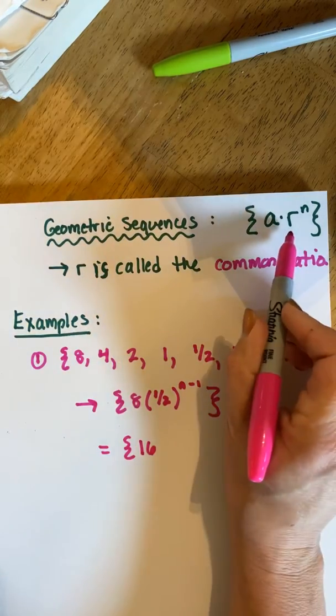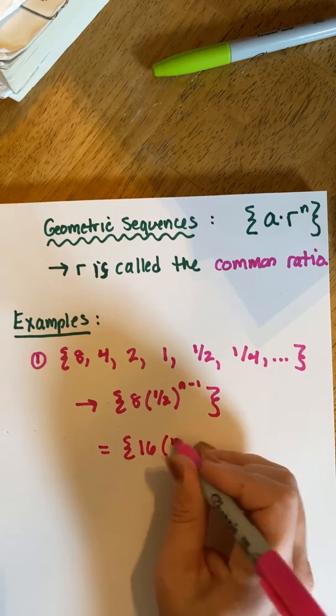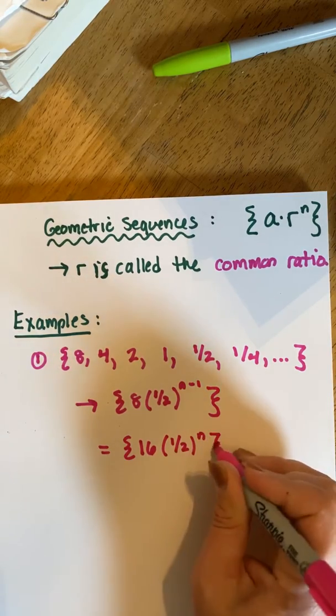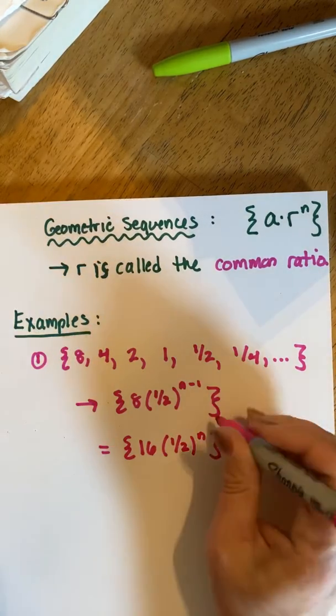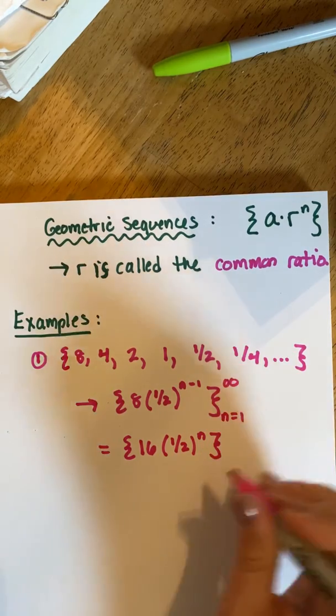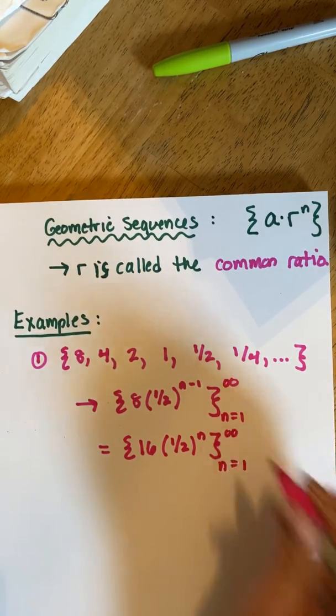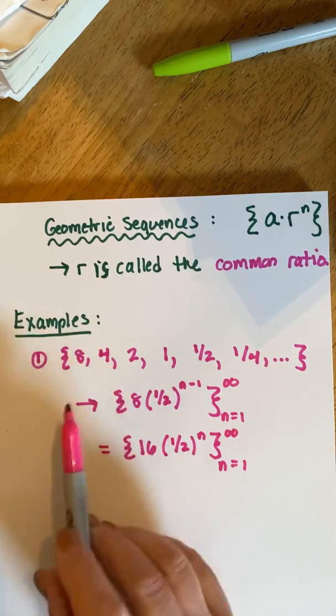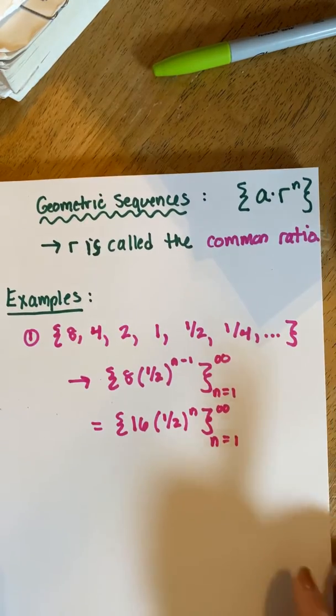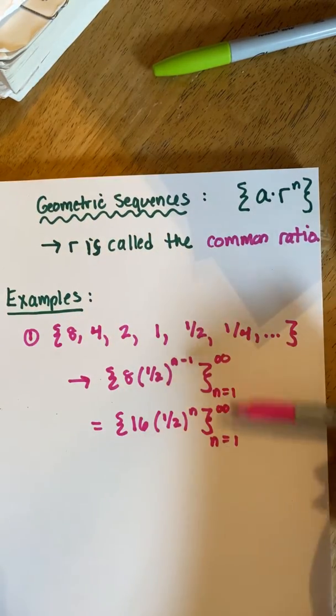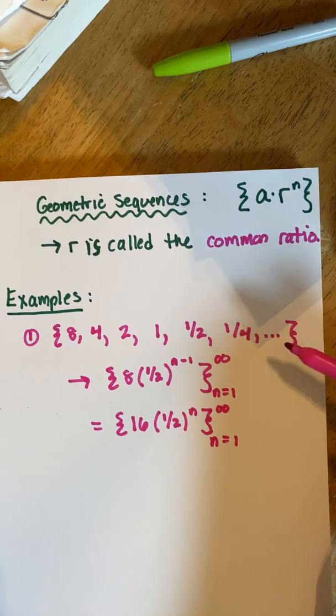If I put it into this form, it would be 16 times 1/2 to the n in order to get my first term of 8. So if I started this at 1 to infinity, there's different ways to write it. In the end, it's all going to work out the same for our purposes. So these are two different ways to write this geometric sequence.